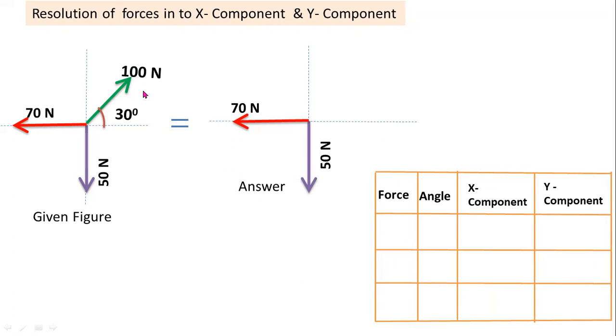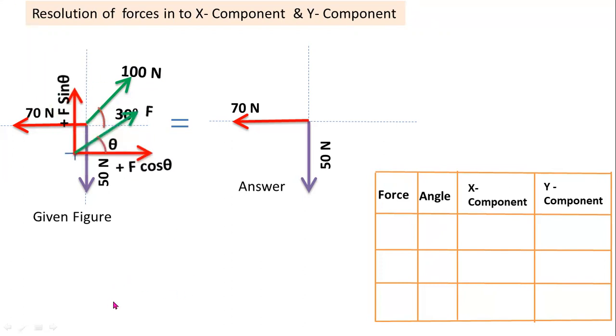From previous lectures, by using those formulas, you have to convert this inclined force into horizontal and vertical components. Here the magnitude is 100 and the angle is 30 degrees. So by using these two values, you have to convert to horizontal and vertical forces.